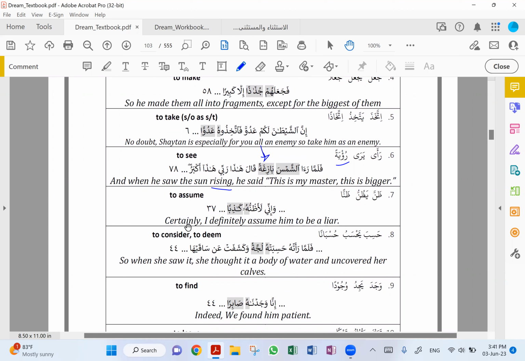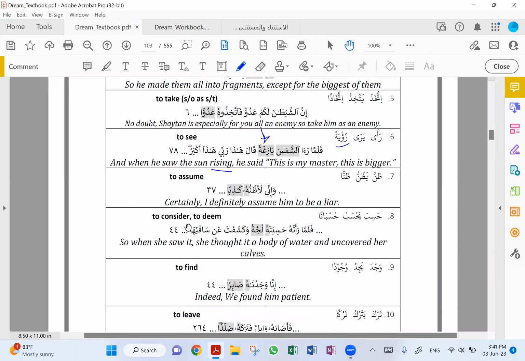We're going to see why it is important to know the verbs that take more than 2, especially when it comes to passives. We are saying that if verbs cannot take a maf'ul, they don't have the passive. But what about fi'ils that can take 2 maf'uls? What happens to them in the passive? So that's why this discussion is important.